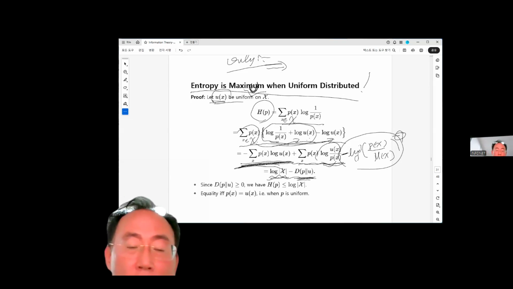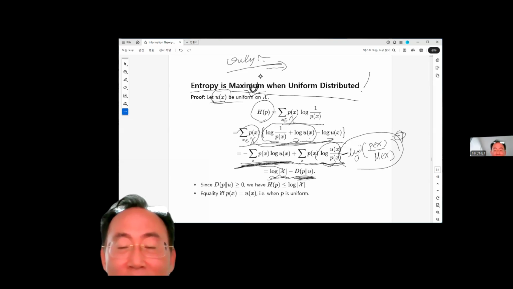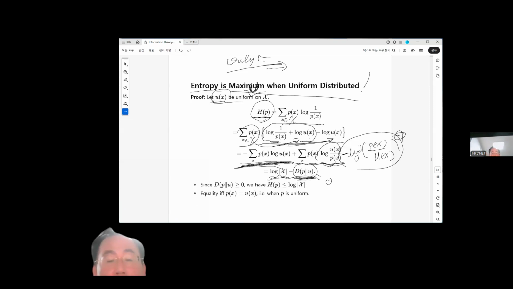Since D of this part is non-negative, H(P) is this constant minus a non-negative number. So H(P) is maximum if this part is equal to 0. That's the proof that entropy is maximum when uniformly distributed.